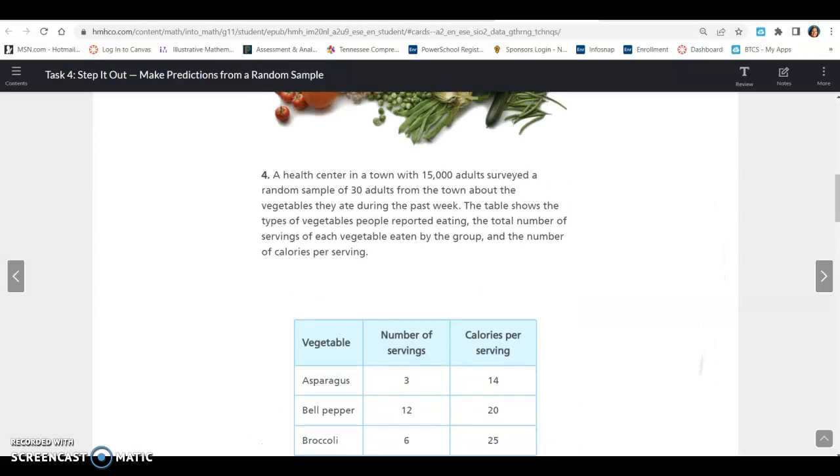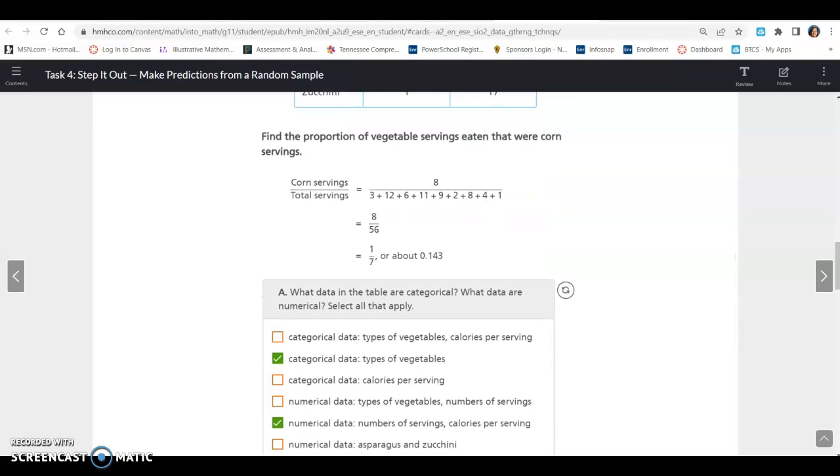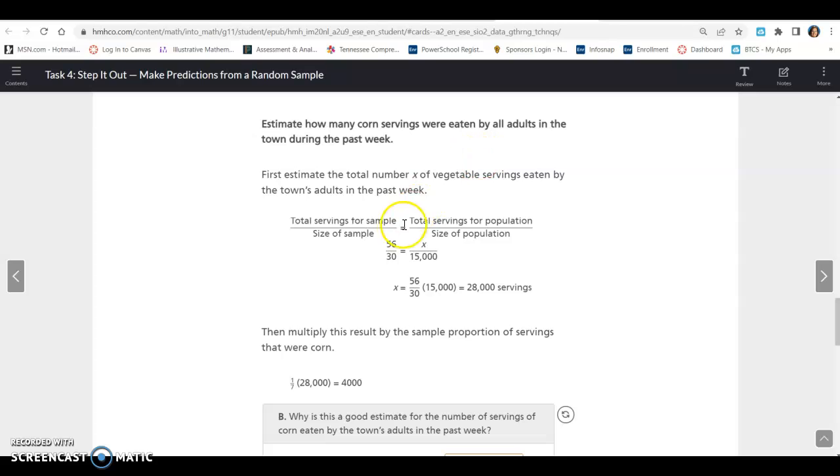If you remember up here, it said there's 15,000 adults, and a random sample of 30 adults from the town was surveyed. So 30 adults is the number of the sample, and 15,000 adults is the total number for the whole population.